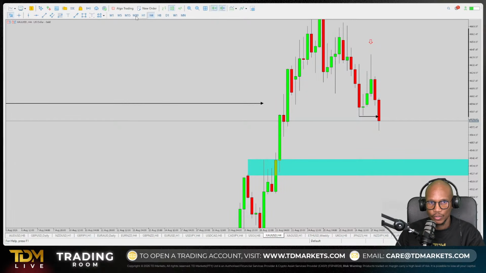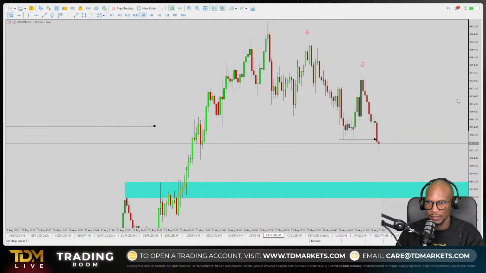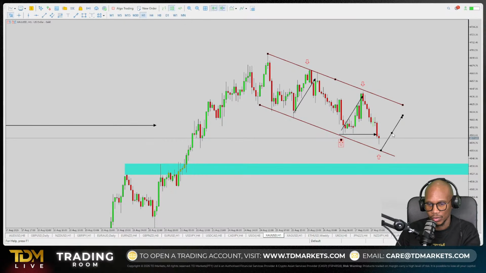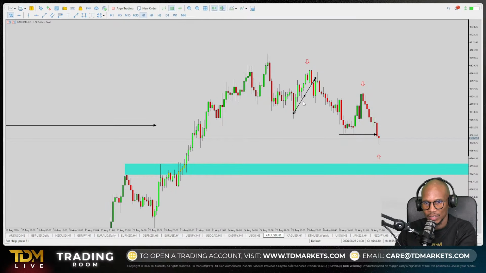If you look at it this way, you'll notice that price is going back to the lows of this descending structure, which it could repeat. It could repeat this behavior by pushing up again. You see how it's been pushing up. It could do that, right? So if you're holding shorts, just watch out for that.